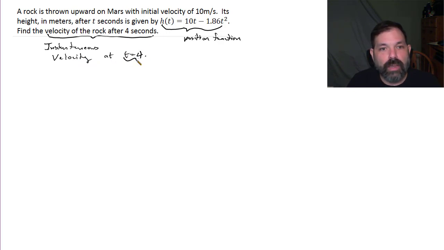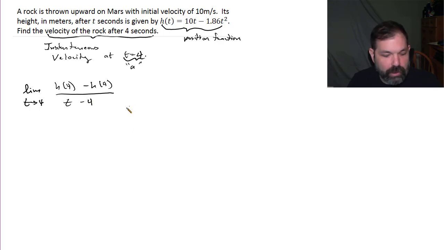Let's take that to be our a value. And then we can use either of the approaches. We can say that it's the limit with t approaching 4 of h of t minus h of 4 over t minus 4. That's one approach. Let's follow through with this approach.